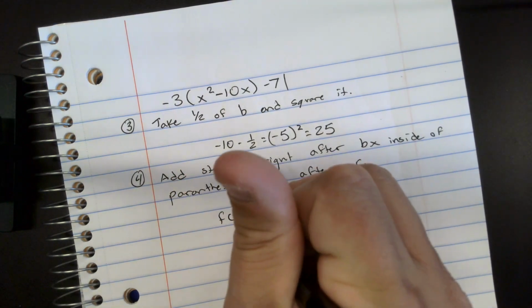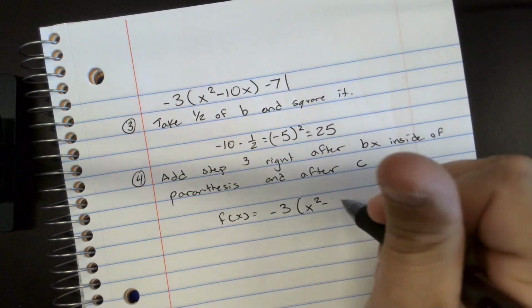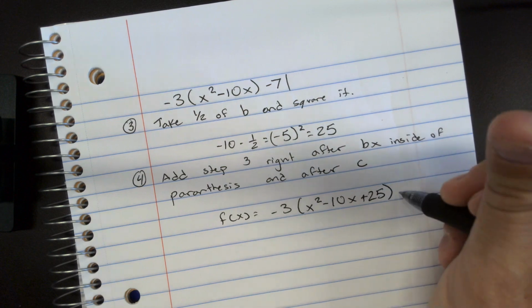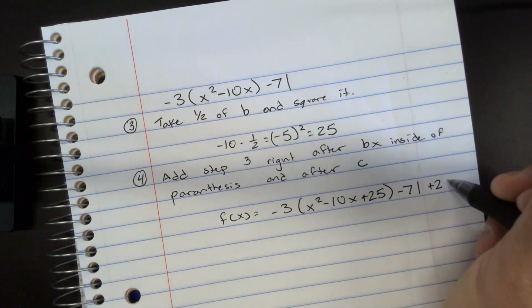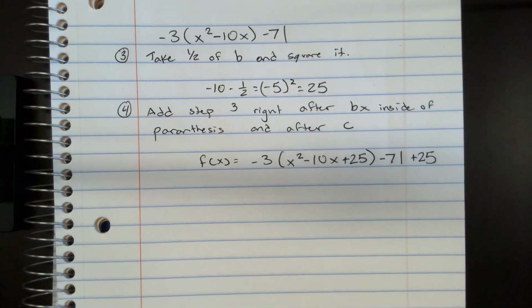We have f of x equals -3 times x squared minus 10x plus 25, minus 71 plus 25.